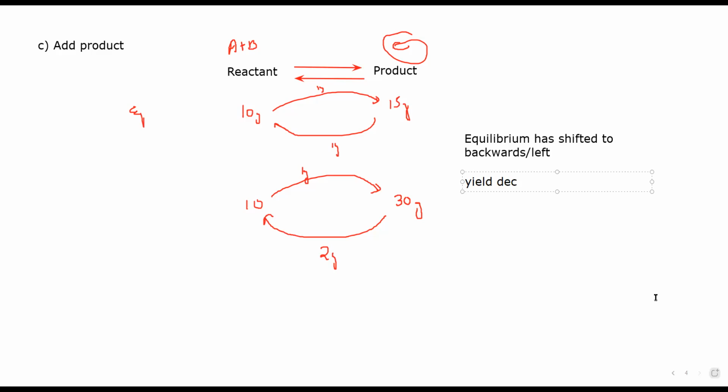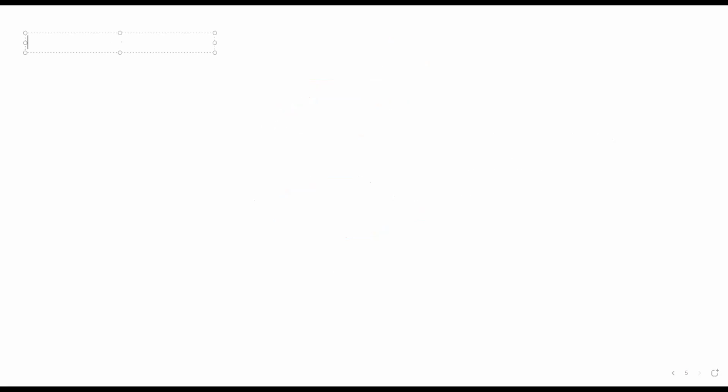And the last part for changing the concentration: if we remove the product from the reaction mixture, so we have reactant which is forming a product, and we have product which decomposes and forms back the reactant.